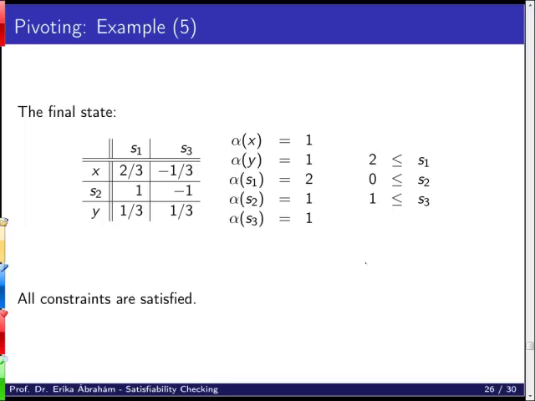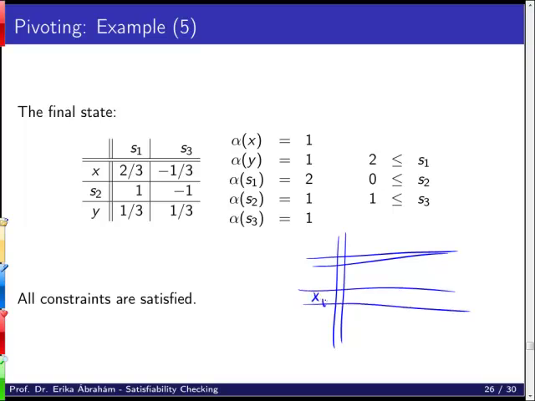So now assume that I have a tableau, and I have here a row with xi, and none of the columns, let's say x1' to xn', none of these are suited for pivoting.